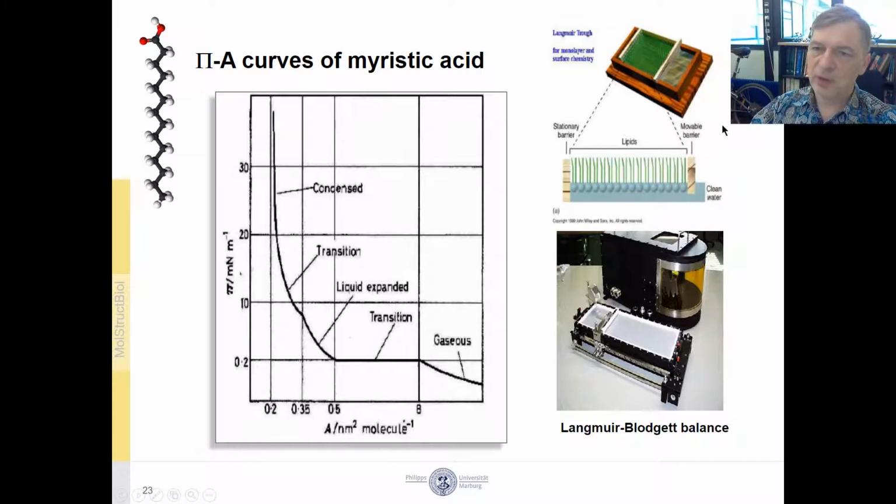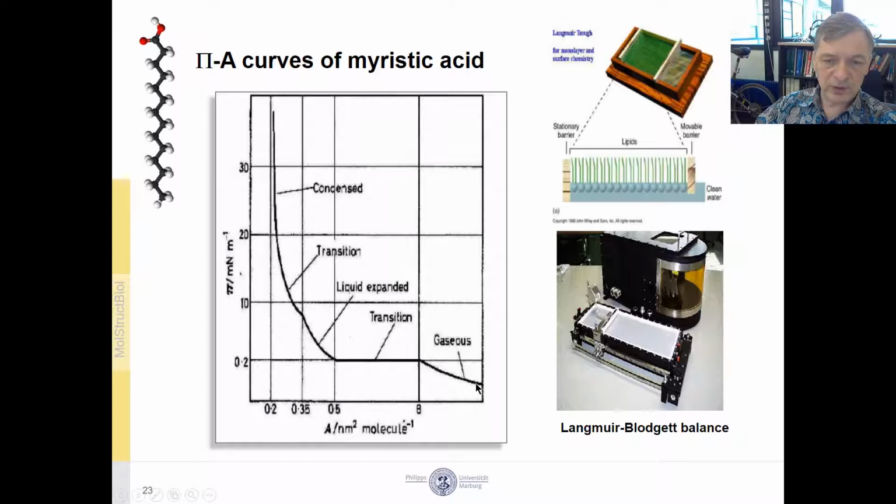Then you have this balance, here's the spread lipid, and you have a mobile barrier that you can move, and then you can measure the pressure exerted on this mobile barrier. You can apply pressure to make the area smaller and smaller, and then you get this kind of curve, calculated in nanometer squared per molecule.